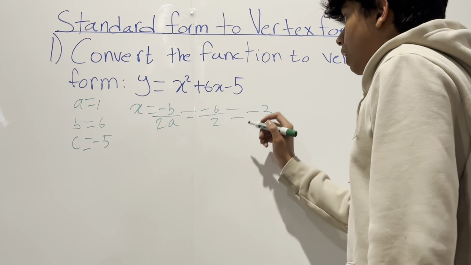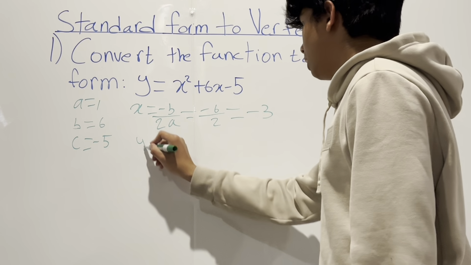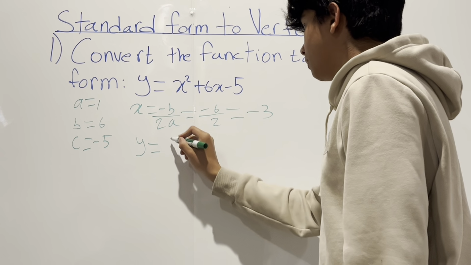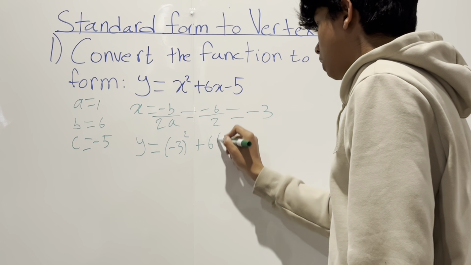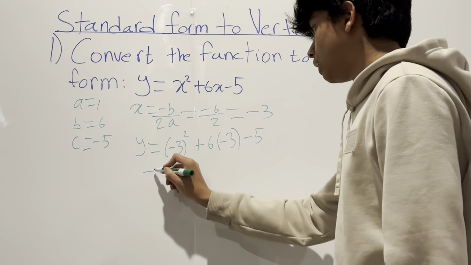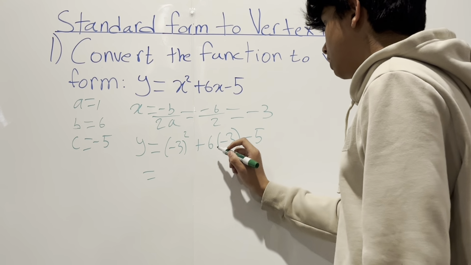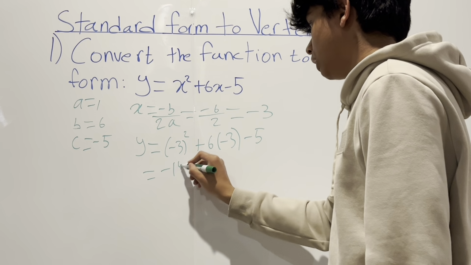Now to find our y coordinate, all we have to do is plug it back into the equation. If we plug in negative 3, we have y equals negative 3 squared plus 6 times negative 3 minus 5. This equals 9 minus 18, which is negative 9, and negative 9 minus 5 is negative 14.